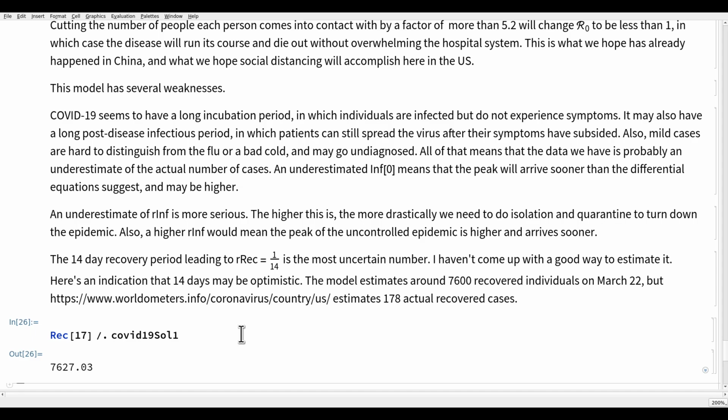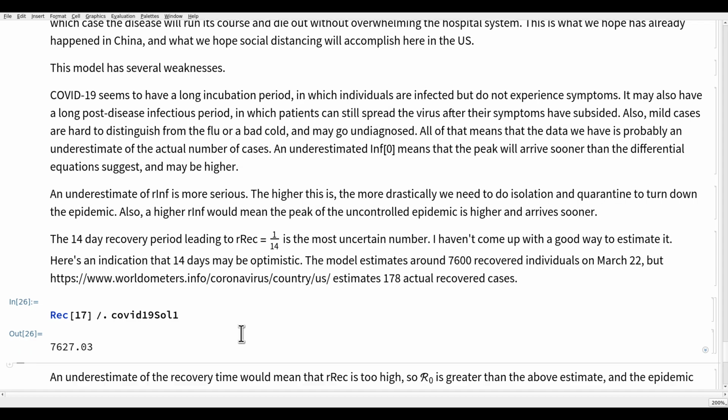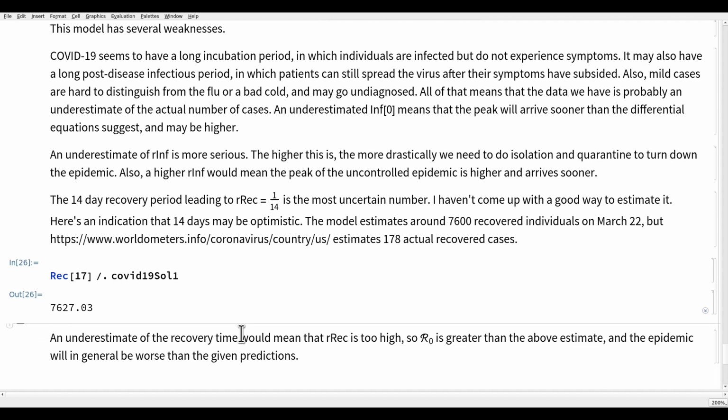And what I'm seeing there is that on day 17, which would have been March 22nd, according to the model, the number of cases should be around 7,600, but the Worldometer only estimated 178 recovered cases. Part of that may be that people are not being reported as being recovered. A recovery is not nearly as newsworthy as an infection, so there may be just a reporting bias there, but again, I don't really know.